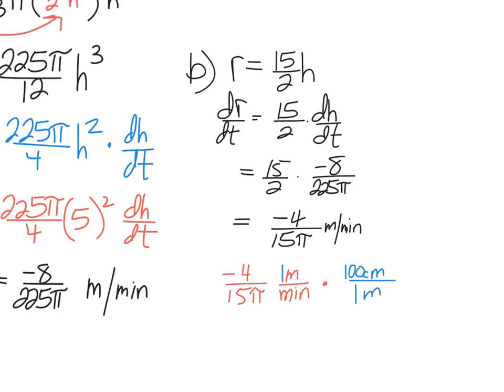So the meters would cancel out, and we'd be looking at negative 400. But then we don't want to do that. We'll just simplify. Divide by 5, so we'll have a 3 here, a 20 there, so negative 80 over 3 pi centimeters per minute.